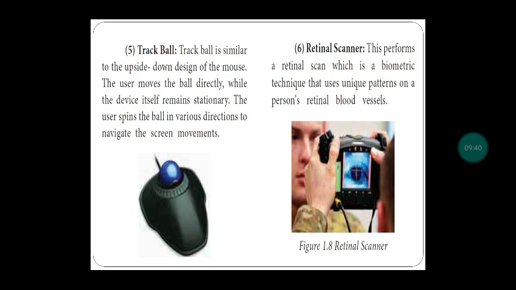Next one is the retinal scanner. This retinal scanner scans our eye retina. I think you have seen in the Aadhaar card photo they are taking. For that purpose they are using this retinal scanner.